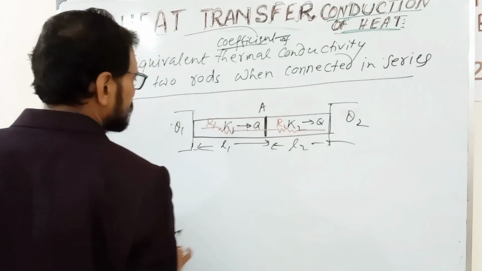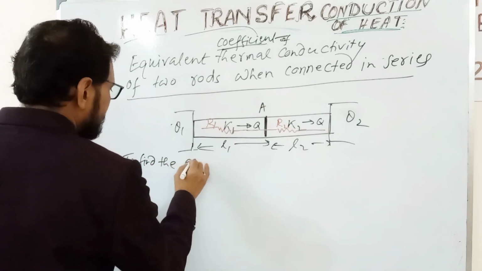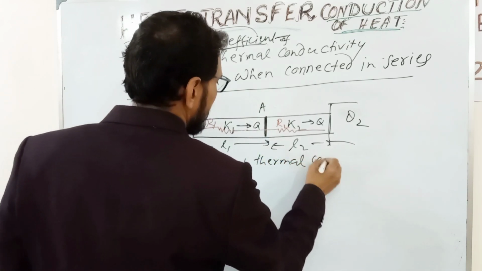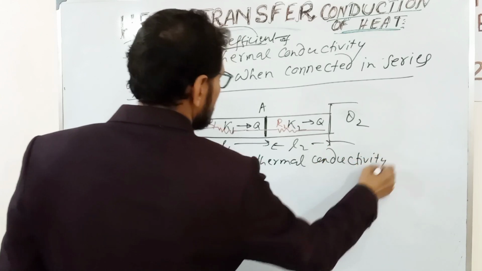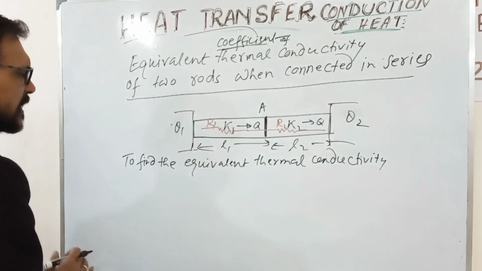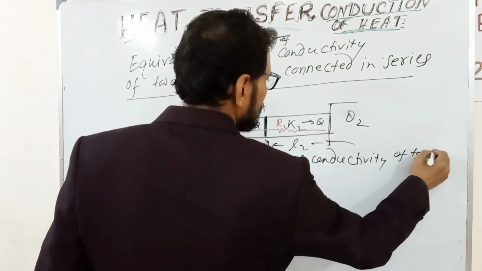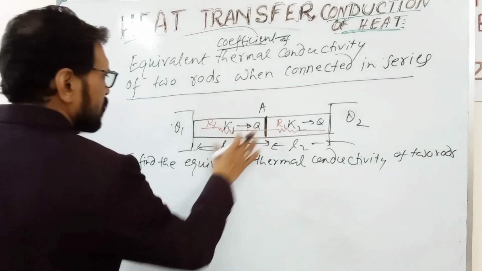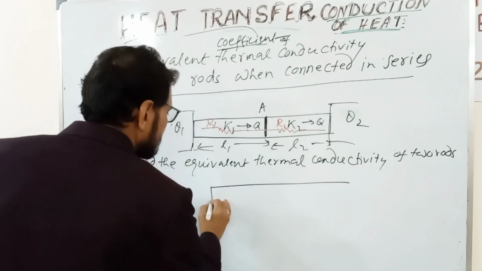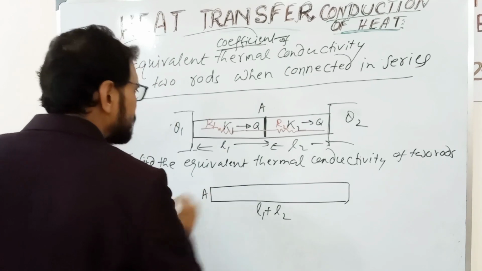To find the equivalent coefficient of thermal conductivity, denoted by K, of the two rods, we consider the two rods as a single rod whose length will be L1 plus L2 and area is the same.